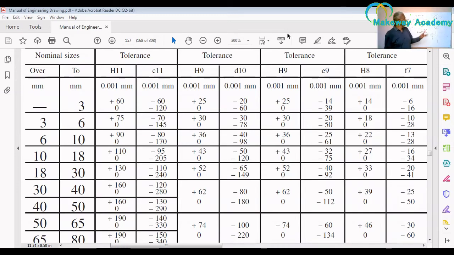Sorry, the lower limit is 60. Upper limit is 46, meaning 46 microns. What is 1 micron? 1 micron is 1/1000 of a millimeter, that is 0.001 mm.